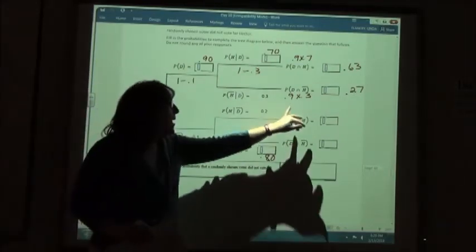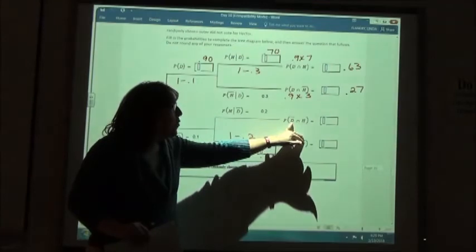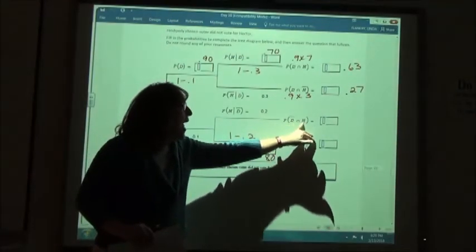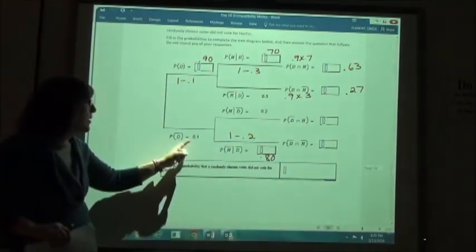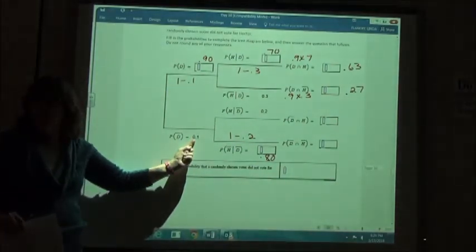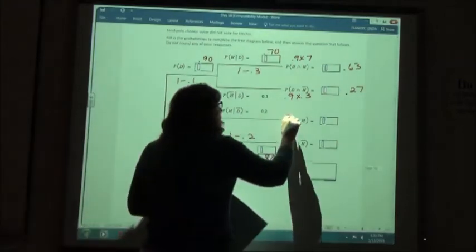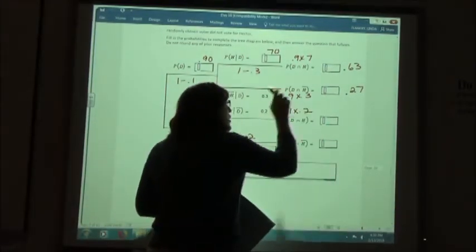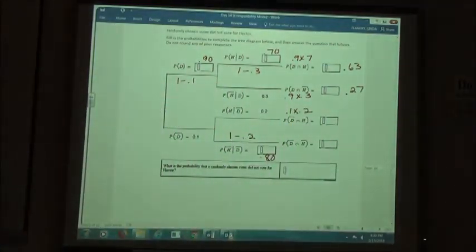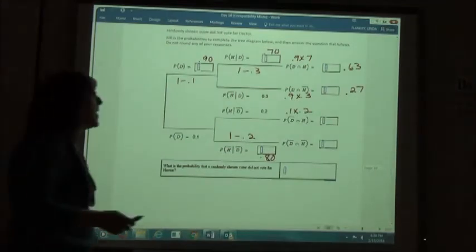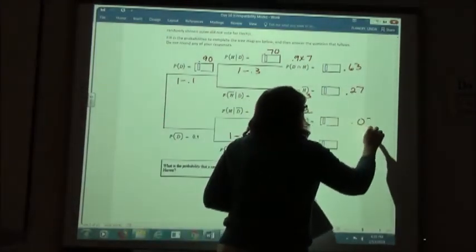So, without a high school diploma and voting for Hector, 10% did not have a high school diploma, 20% voted for Hector, so we're going to take our 0.1 times our 0.2, and we would get 0.02.